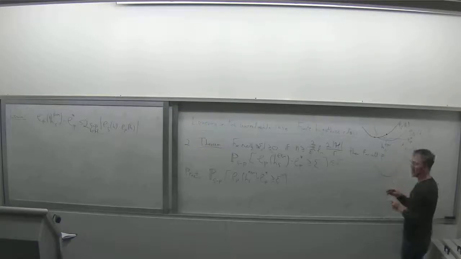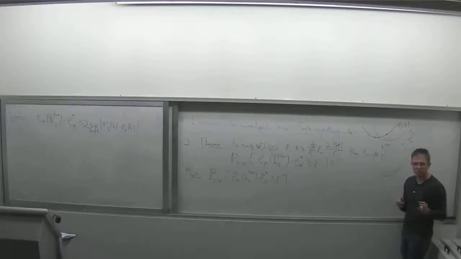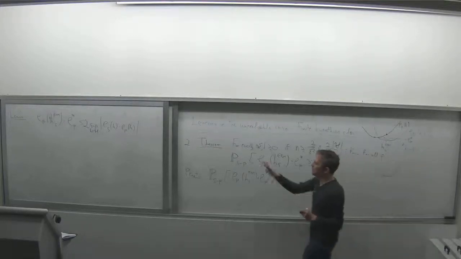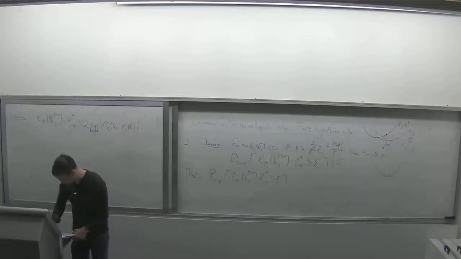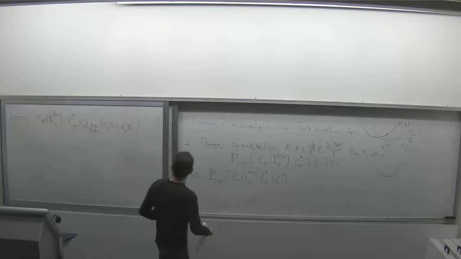So if the curves are not allowed to diverge from each other too much, then if I minimize one and look at the value on the other, it's going to be pretty close. That's the idea. It's two inequalities to show. Leave that for the exercise. Okay, good. So this is the lemma.